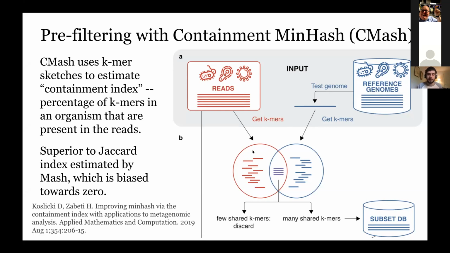However, the number of K-mers in the full set of sequence reads is much, much larger than the number of K-mers in a single microbial genome. So calculating the Jaccard index over the entire union of both sets tends to be biased towards 0. The containment index, again, is instead the percentage of the K-mers in an organism that are present in the reads. So the denominator is the number of K-mers in the organism.